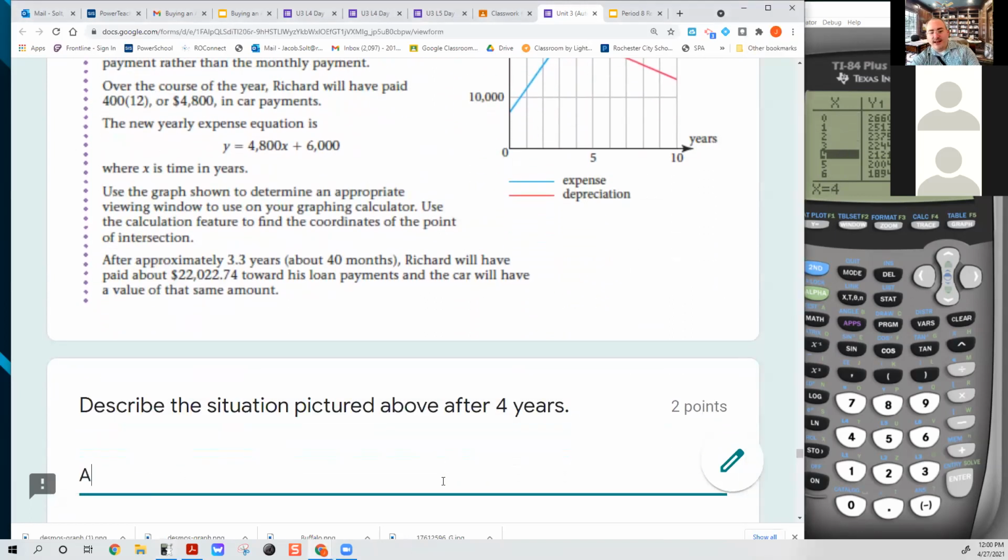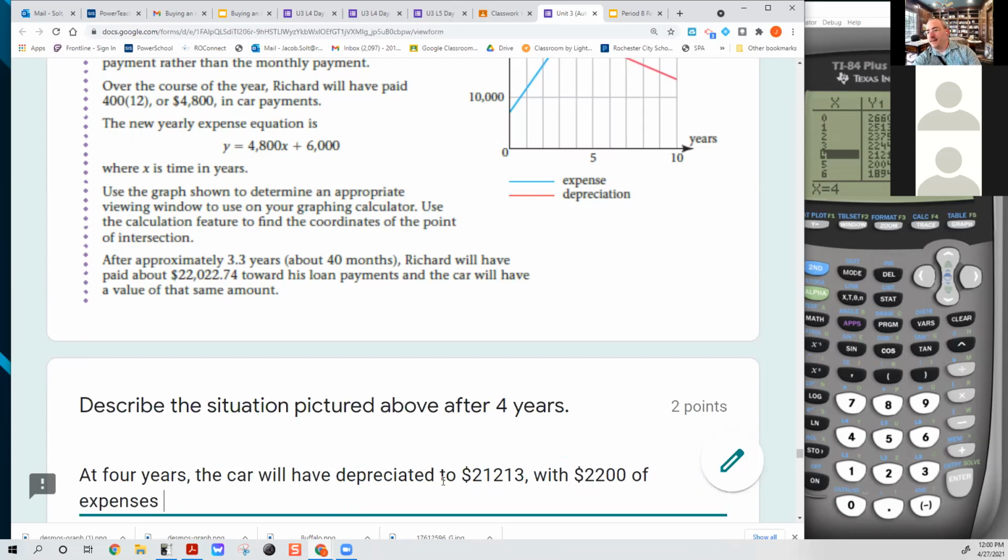So at 4 years, the car will have depreciated to $21,213 with $2,200 of expenses thus far.